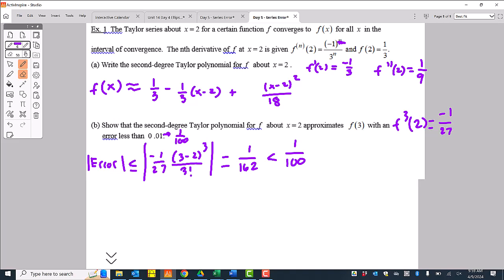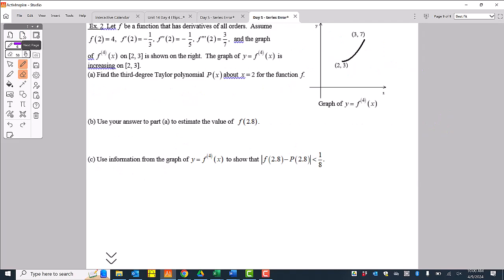Okay, there's one more type of problem I want to look at, and I really just want to get you started on it. So this one is not an alternating series. If we look at the terms here, positive, negative, negative, positive, not alternating. So this is going to be a Lagrange error bound. Now, let's just look at this last part down here. Use the information from the graph of y equals the fourth derivative of f to show that this error is less than 1 over 8.